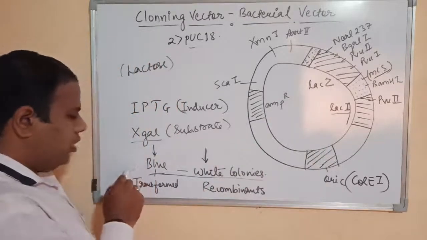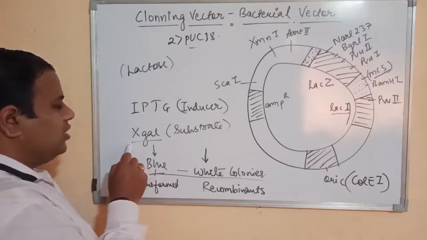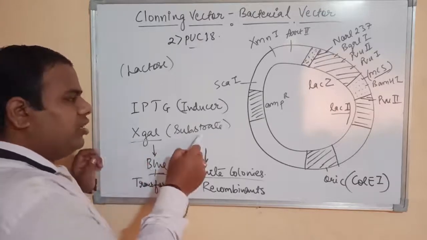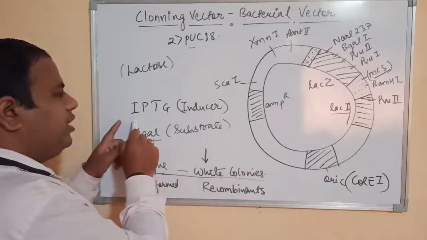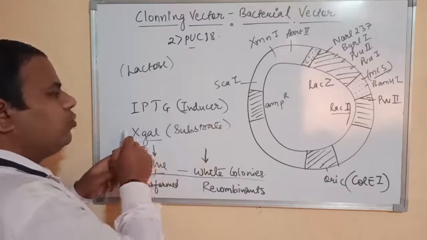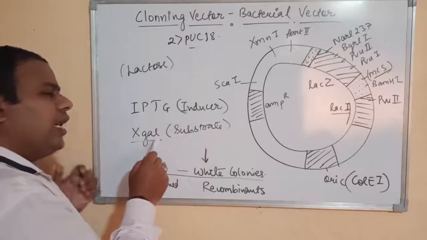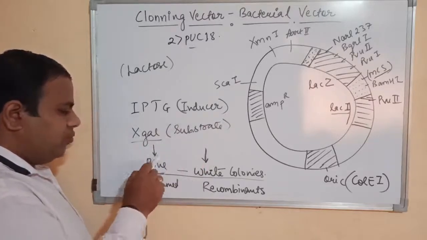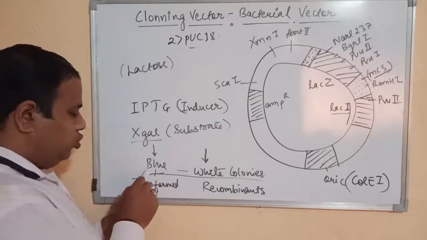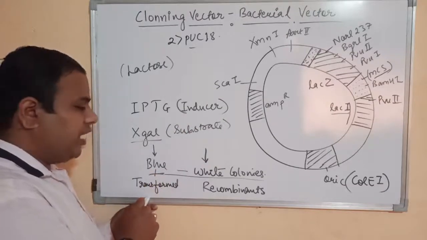The blue colored colonies will be produced as there is a presence of X-gal as a substrate in the medium. IPTG will be used here as an inducer. Okay, so IPTG cannot be used as a substrate and X-gal cannot be used as an inducer. So when the beta galactosidase enzyme degrades the X-gal substrate, there is a blue colored colony that the bacteria forms. So the blue colored colony here will be the transformed one.